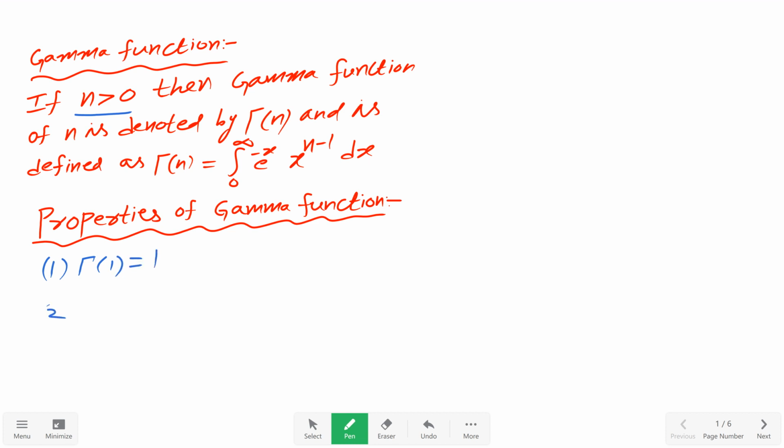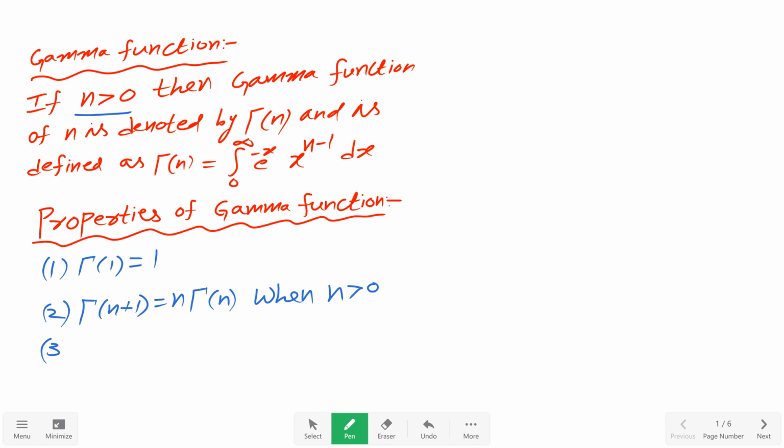The second important property is gamma of n plus 1 is equal to n into gamma of n. We can use this property when the n value is greater than 0.